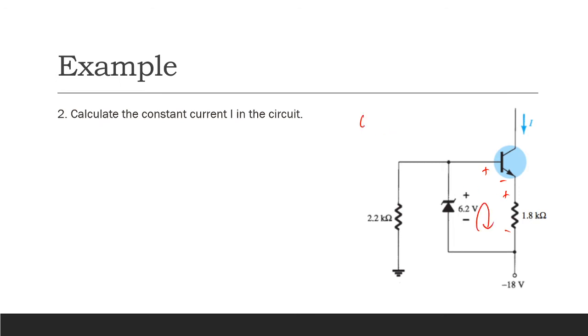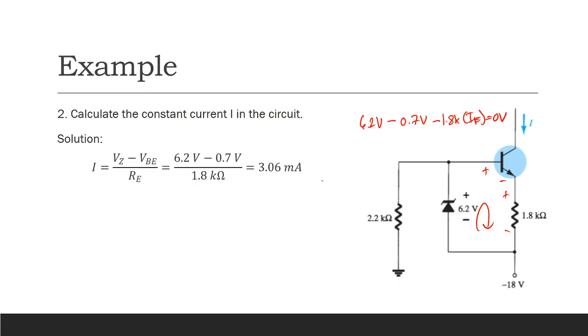So, we will have 6.2 volts minus VBE, which is 0.7 volts, minus 1.8 K times IE is equal to 0 volts. So, we will have IE is equal to 3.06 milliamperes. And this 3.06 milliamperes is also equal to your I. So, ito na ngayon yung constant current natin.